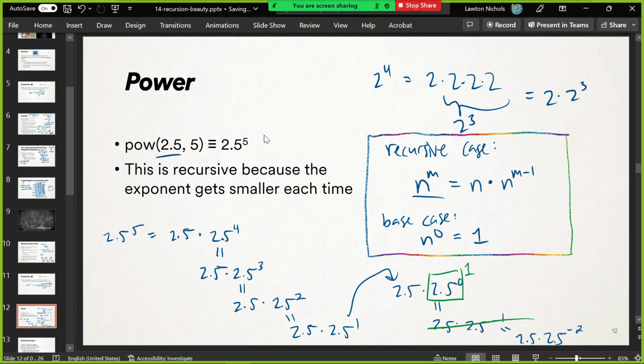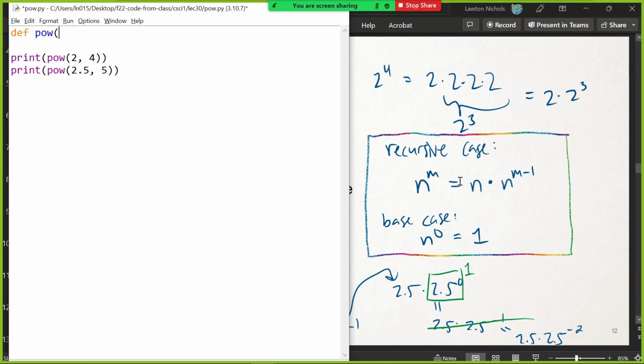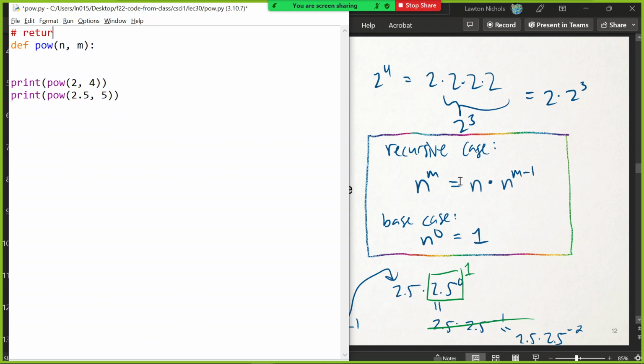So that's like your n. And then the next thing is your exponent, so that'll be the m. So it takes those 2 parameters, n and m, and returns n to the mth power, I guess in Python notation, n star star m. Right? So that's how you can always check yourself too.